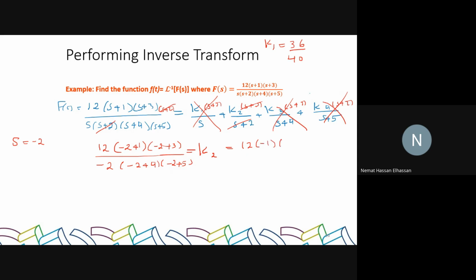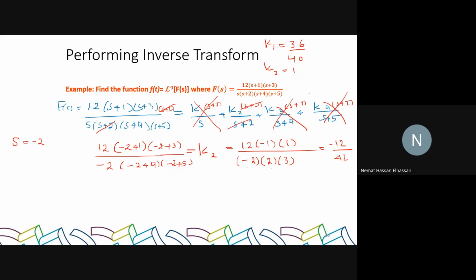Minus 2 plus 3 is 1. Divided by minus 2 times minus 2 plus 4 is 2, minus 2 plus 5 is 3. 12 times minus 1 times 1 is minus 12. Minus 2 times 2 times 3 is minus 12. Therefore K2 is equal to 1. Make sense?